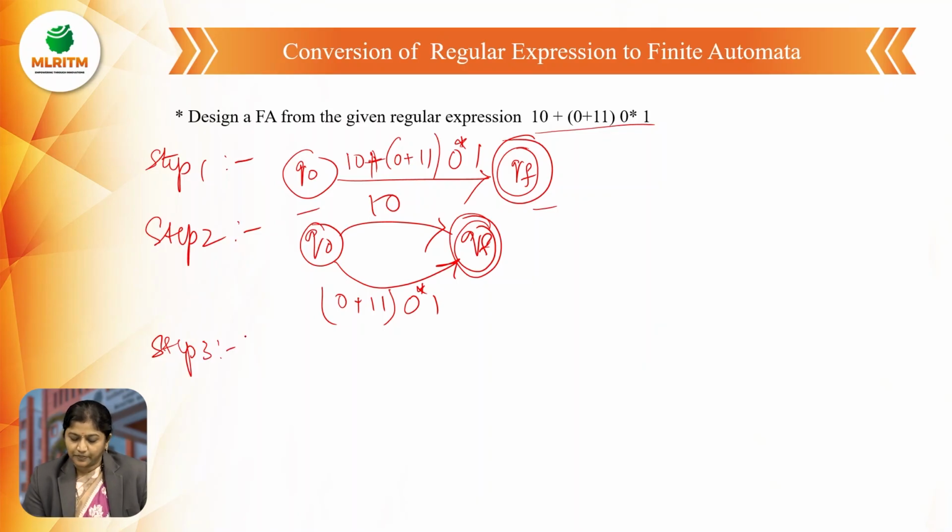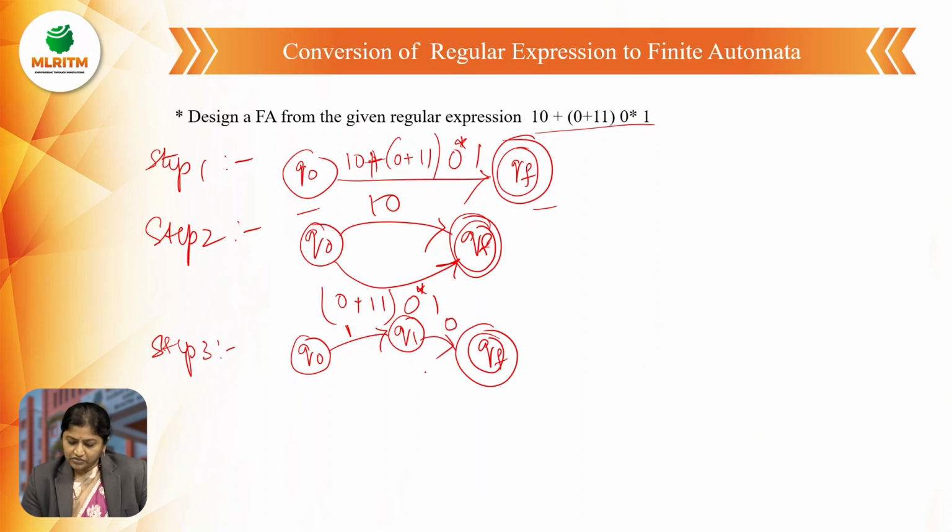Step 3: we can split this 10 as Q0 to Q1 with input 1, and Q1 to QF with input 0. For the other one, take a new state Q2. As there is a dot, we can split this also: I'll write 0 + 11 from Q0 to Q2, and from Q2 to QF is 0* 1.